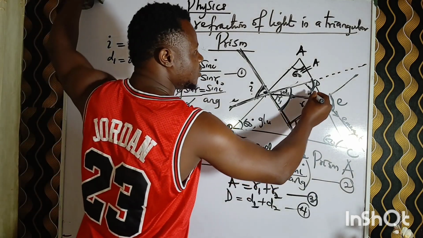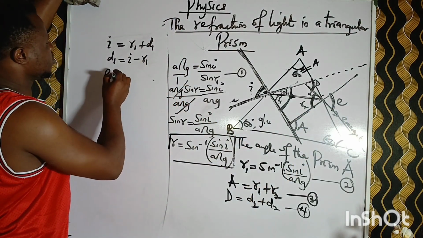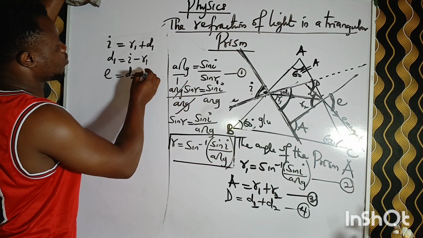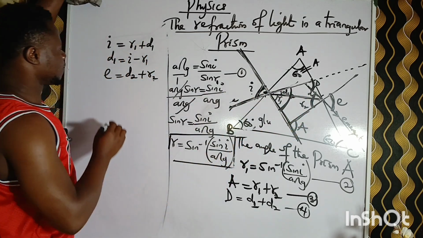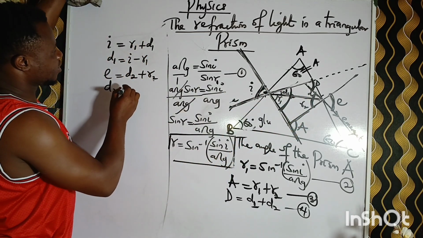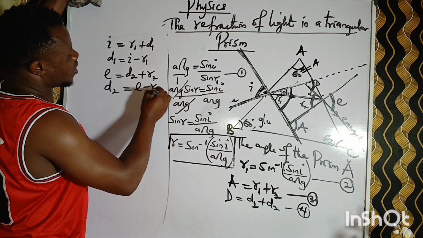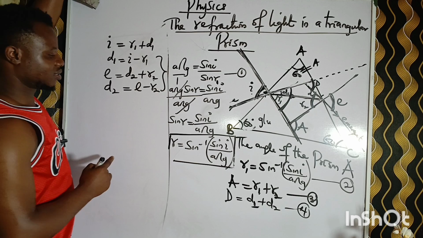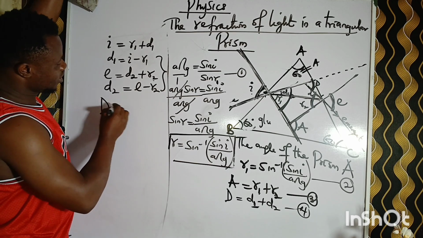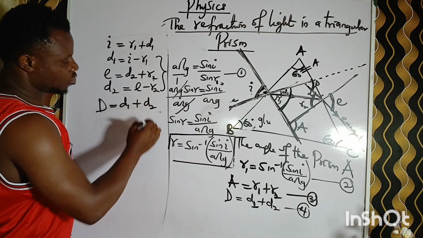Coming to the other side, we can see this and this. So E is equal to D2 plus R2, R2 and D2. So D2 from here now is equal to E minus R2. So these two formulas are very, very important because we say that D is equal to D1 plus D2.